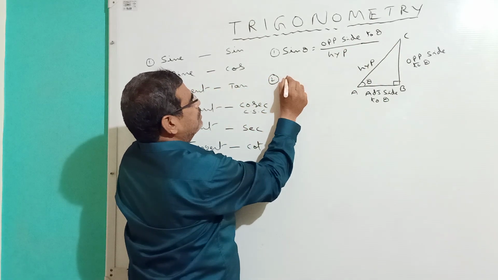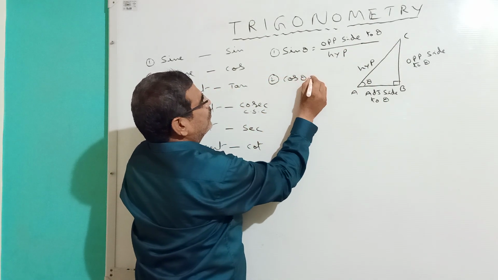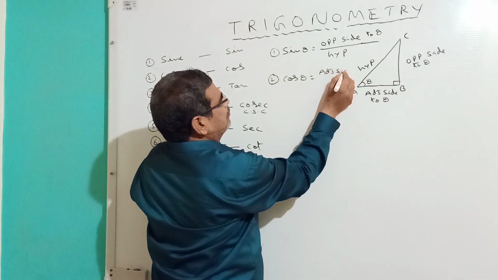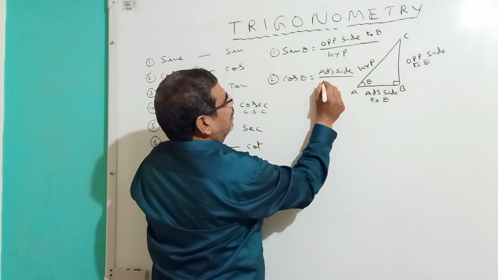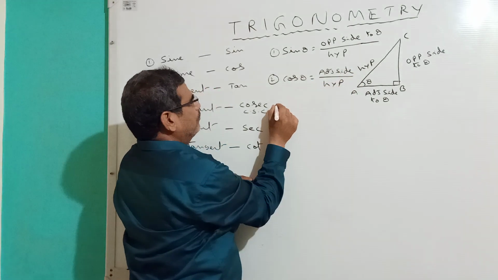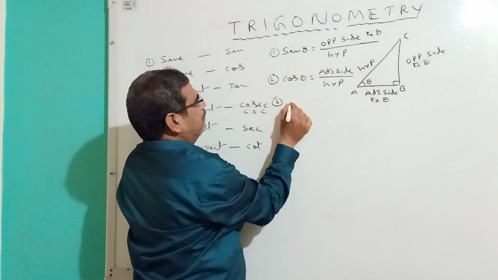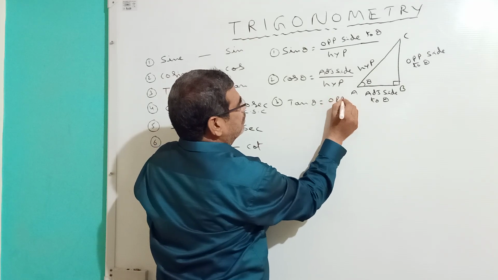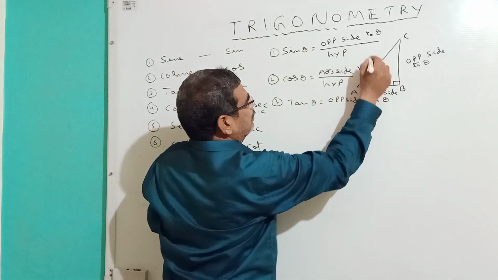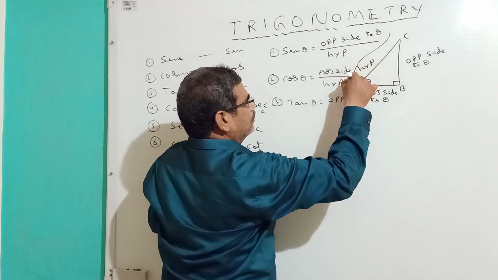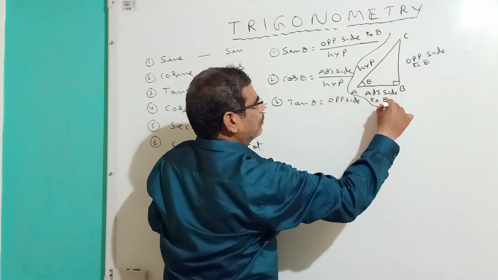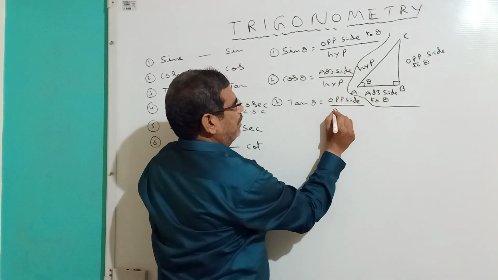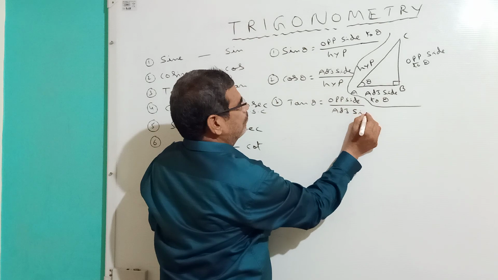And the second one, cos theta is equal to adjacent side by hypotenuse, whereas tan theta is equal to opposite side by adjacent side.